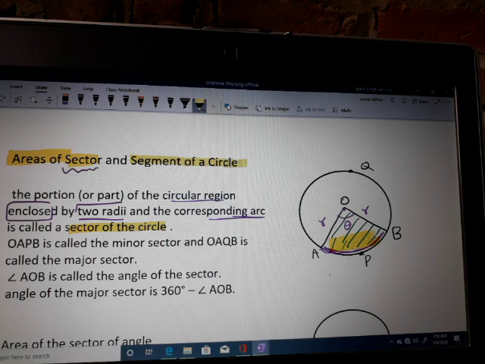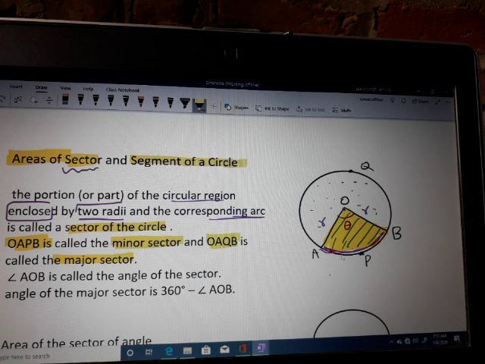The region OAPB is called the minor sector, and the region which is left, the white part that I am showing with dots, is the major sector, OAQB. I hope you understand.